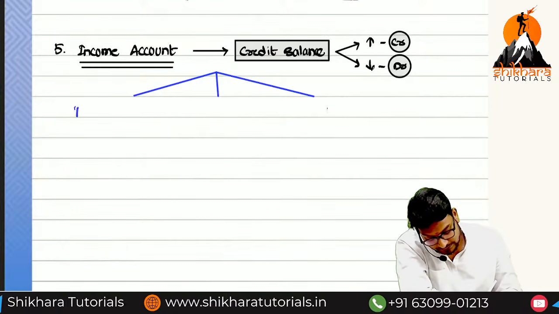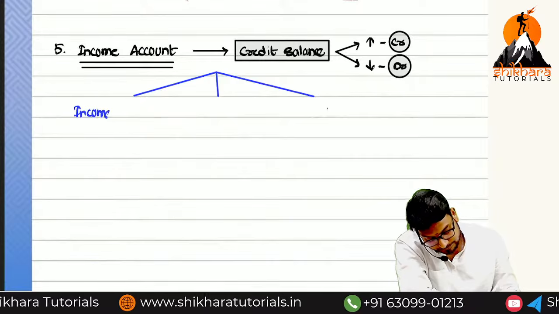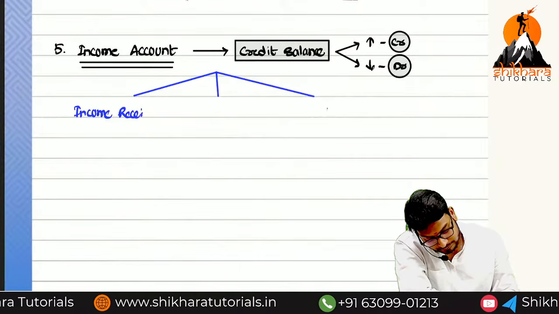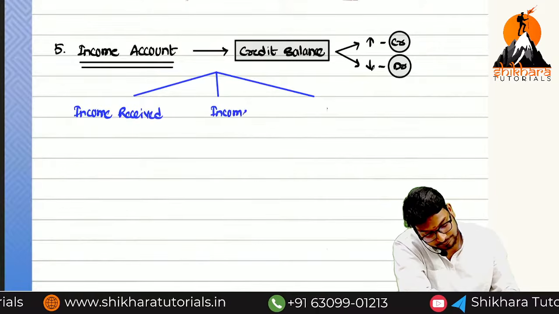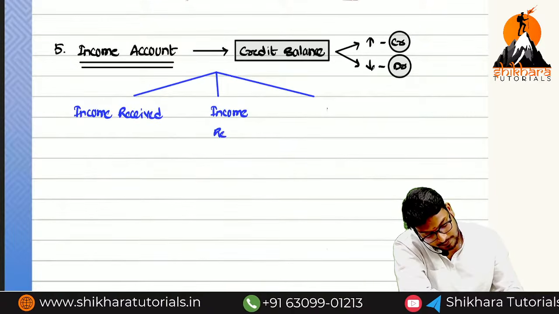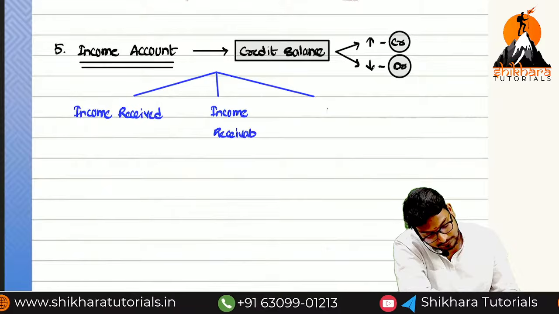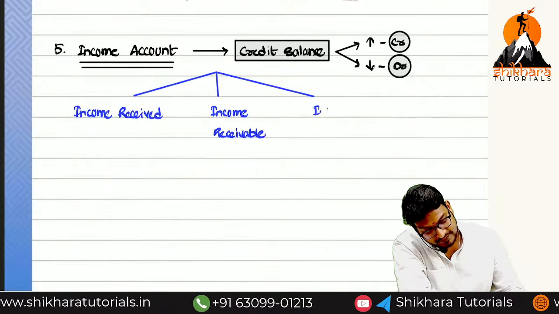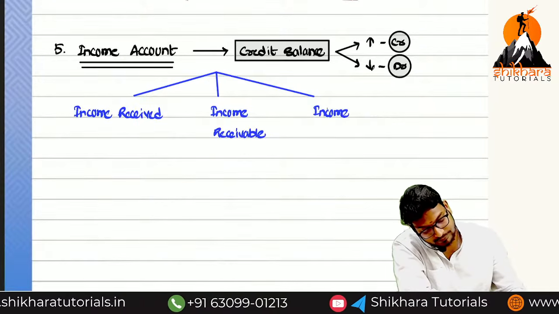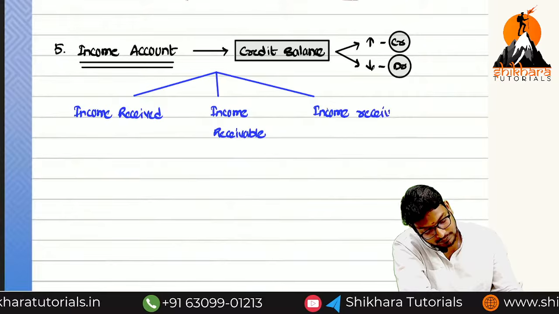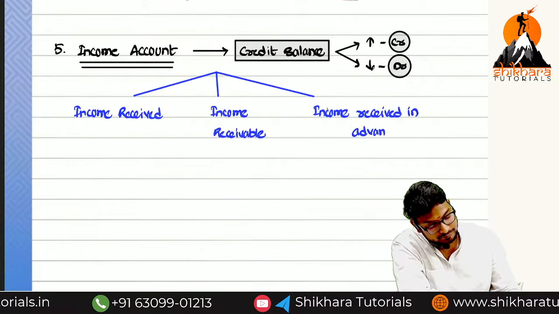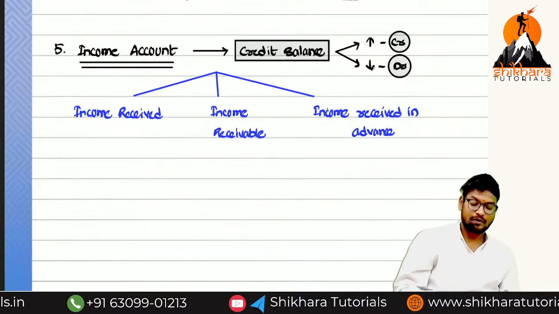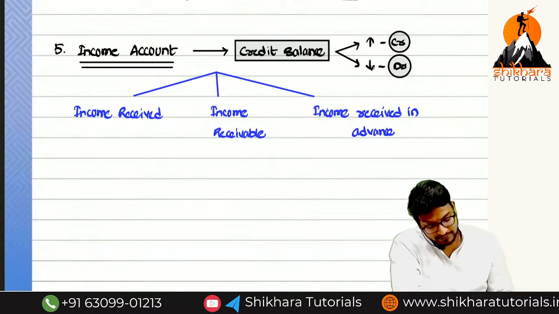Income received, next one, income receivable, next one, income received in advance. Okay. So what is the entry for the income received?